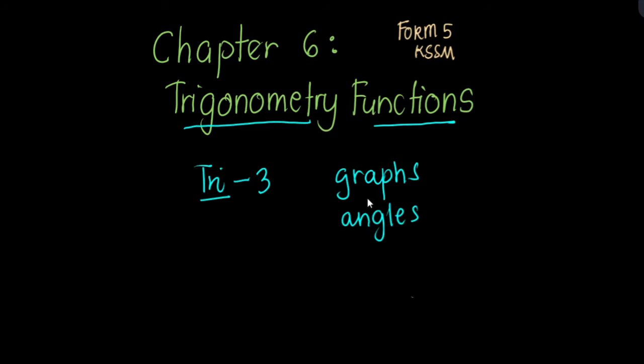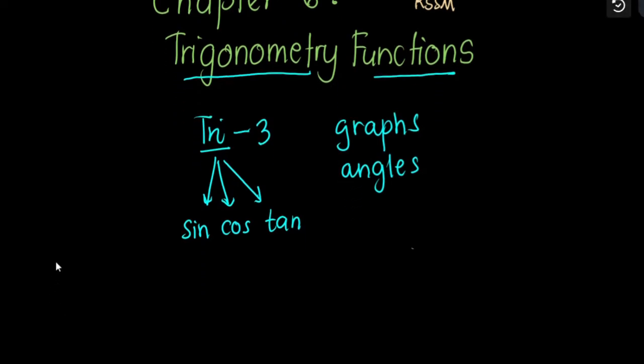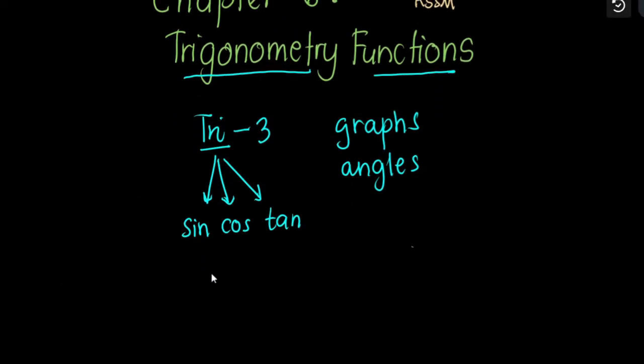The three main functions that you need to know are sine, cos, and tangent. Actually, there are six. What are the other three? I think you are also familiar with this.